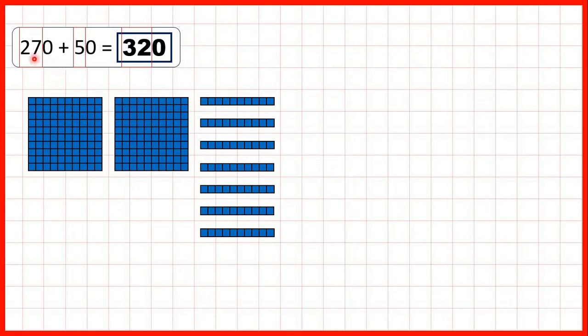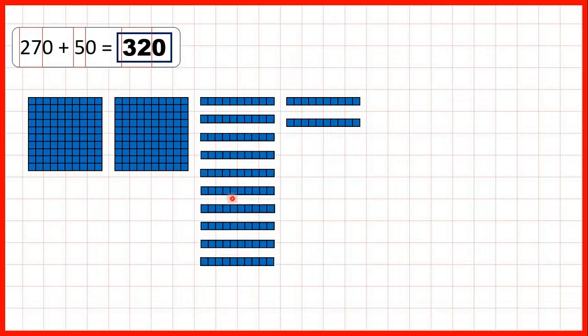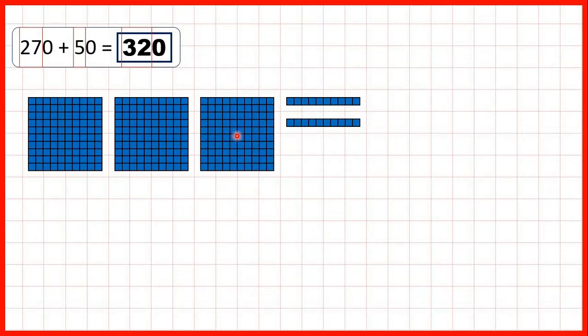But then we had 270, so 2 hundreds and 7 tens, and we were adding 50. So if we add 5 tens, we can add 1, 2, 3, 4, 5. But here we've got 10 tens, so we can exchange those for an extra 100. So that's why we get 320 as our answer.